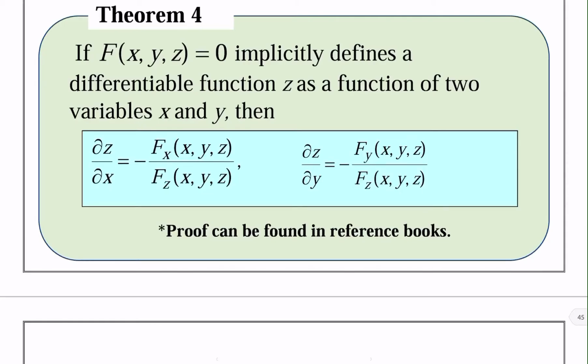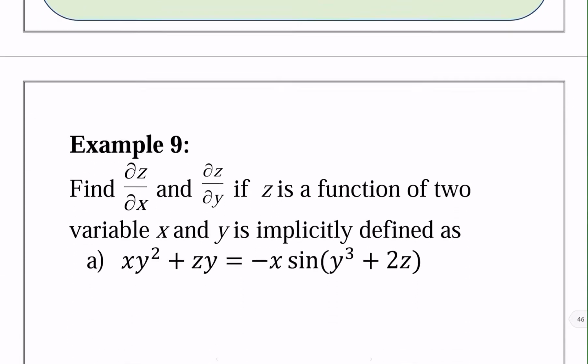Then del z over del x is equal to negative the partial derivative for x over the partial derivative for z. And if you want to find del z over del y, it is equal to negative the partial derivative for y over the partial derivative of z. Okay, so now let's look at the example.